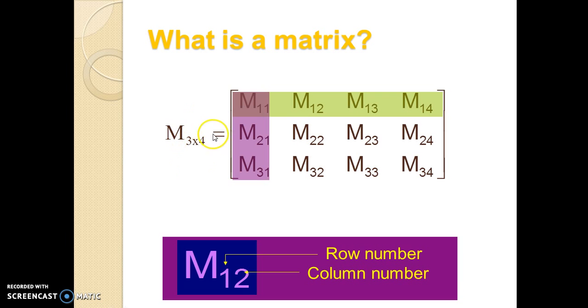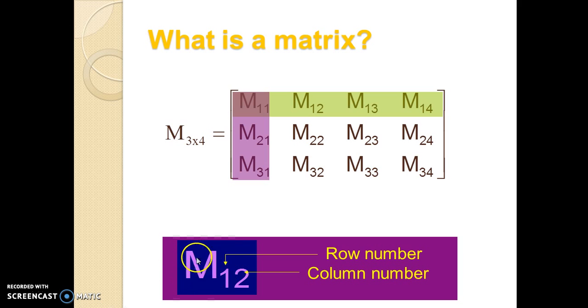The 3 represents the number of rows: this is the first row, the second row, and the third row. The 4 represents the number of columns: first column, second column, third column, and fourth column.